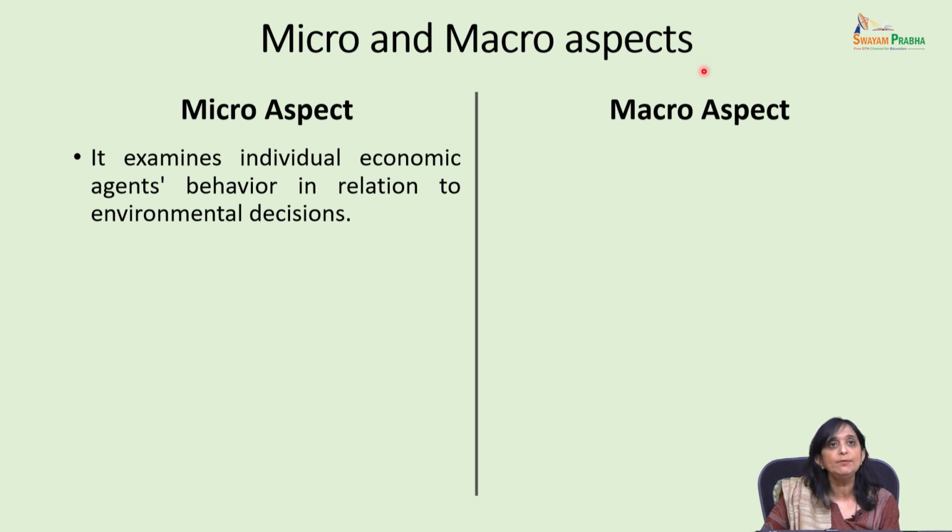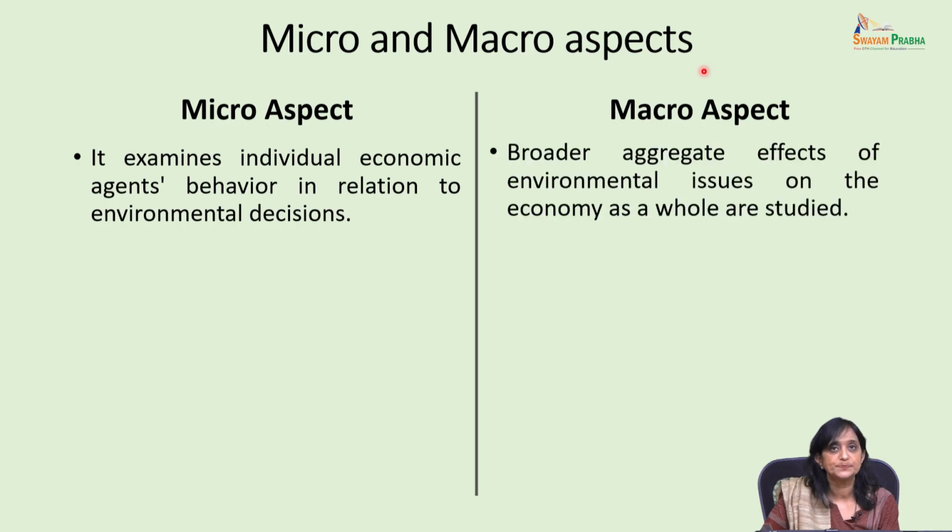This individual may be a consumer, this individual may be a producer. So how individuals are making their economic choices and how their choices are having an impact on the environment, or how they are making their environmental decisions, is the micro aspect of environmental economics.